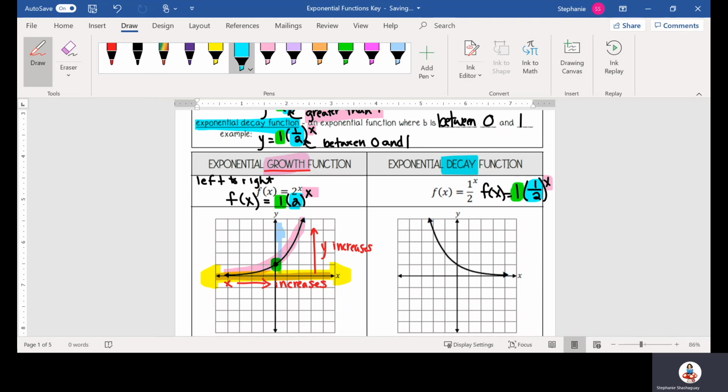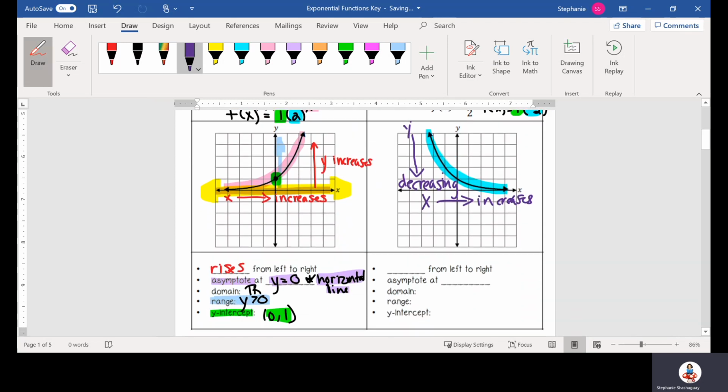And again, I'm still reading from left to right. So what's happening as my x increases, what's happening to my y? My y is decreasing. And that's why it's called exponential decay, because it's getting smaller and smaller and smaller. So it falls from left to right.